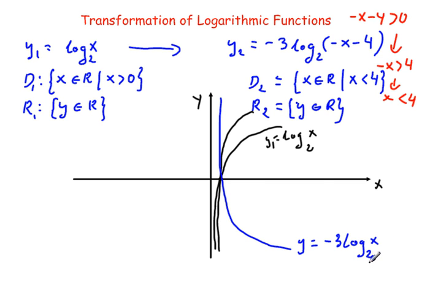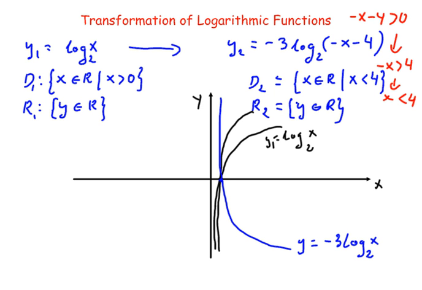Now, if the base of the logarithmic function was different, let's say it was 10 or 5, the overall concept would look exactly the same. I use base 2 just to make it a little more challenging, so we can't be tempted to use our graphing calculator. But you will understand through this process that it doesn't matter. The function will be slightly different when the base changes, but the features of the function would be the same.